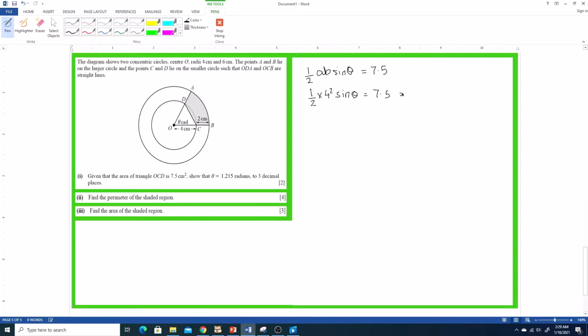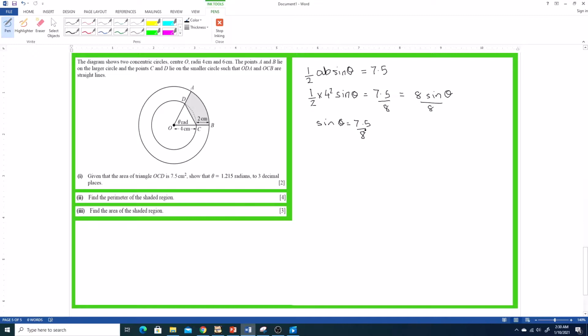So I'll just rewrite that. 4 squared is 16, 16 divided by 2 is 8. So 8 sine theta equals 7.5. I can divide this side by 8 and that side by 8, so I'll find that sine theta is equal to 7.5 over 8.